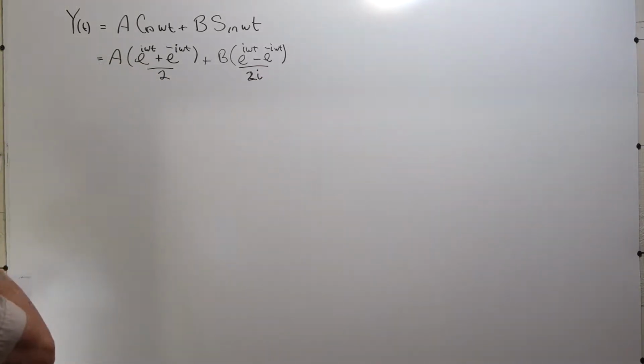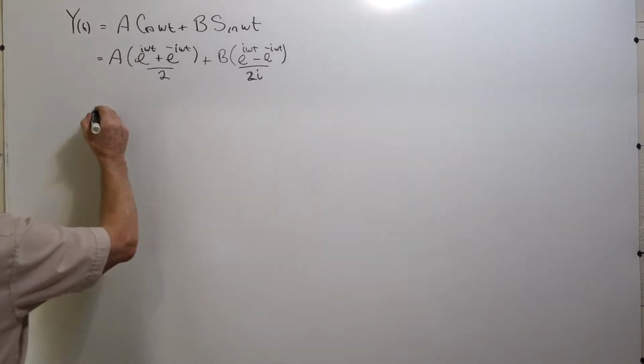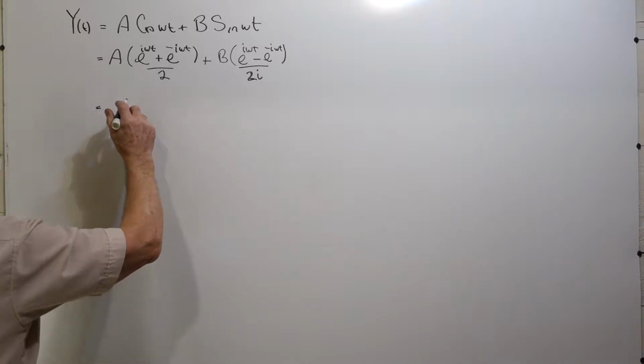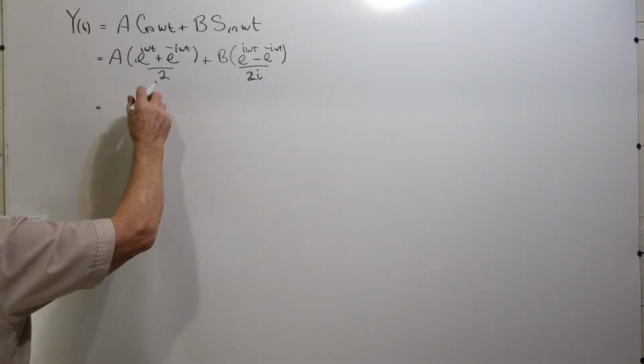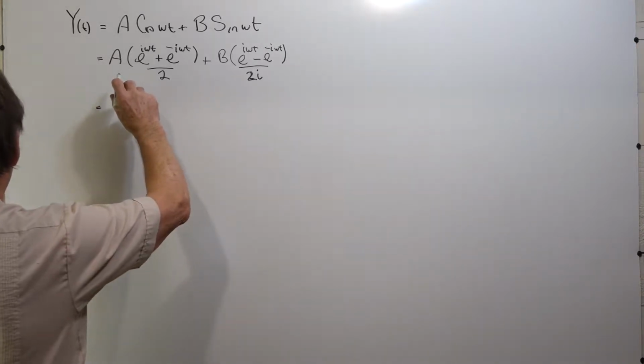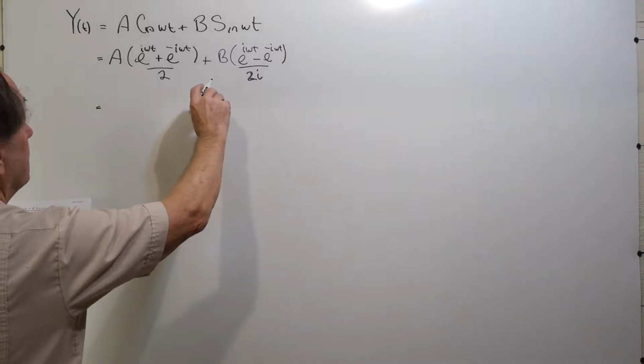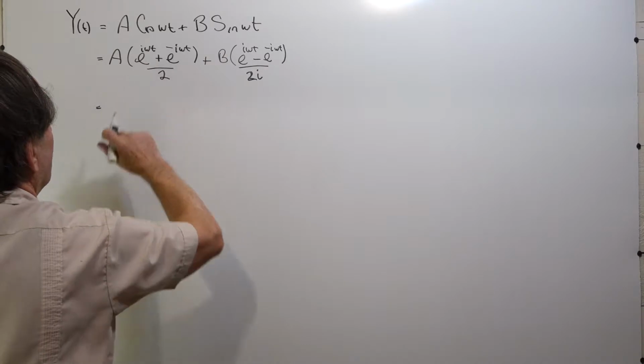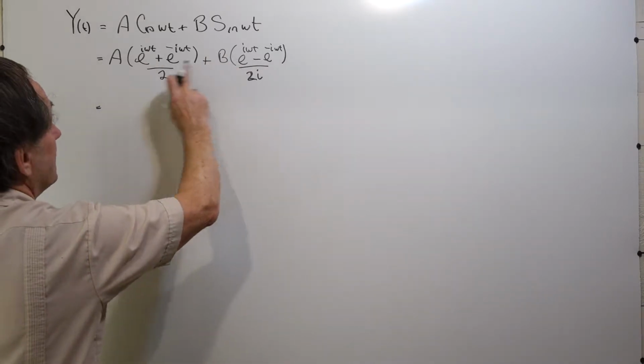Now I'm going to expand this out. I'm going to pull out the a and b's on this thing, combine the e to the j omega t, the positives and the negatives.